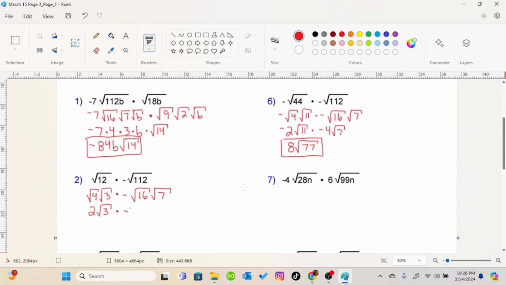The square root of 16 is 4. 2 times negative 4 is negative 8. And the square root of 3 times the square root of 7 is the square root of 21. So our final answer is negative 8 times the square root of 21.